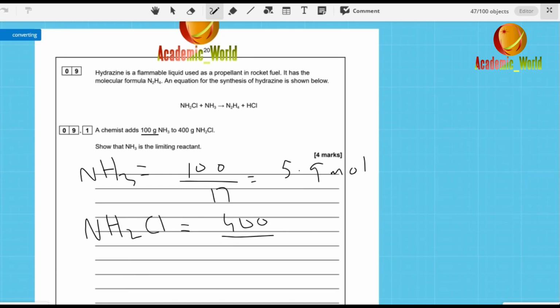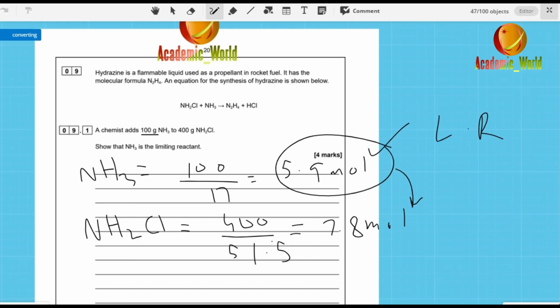You can calculate it by using their atomic masses, so that is 51.5, which is equal to 7.8 moles. By comparing, the molar ratio is the same, so it indicates that NH3 has fewer moles as compared to NH2Cl. So that's why NH3 is the limiting reagent or limiting reactant.